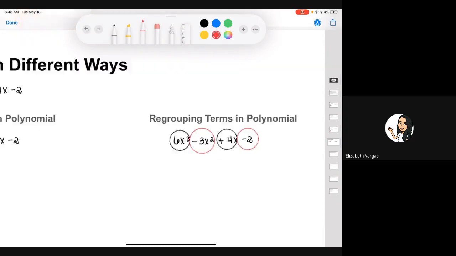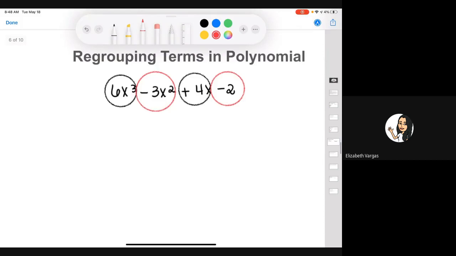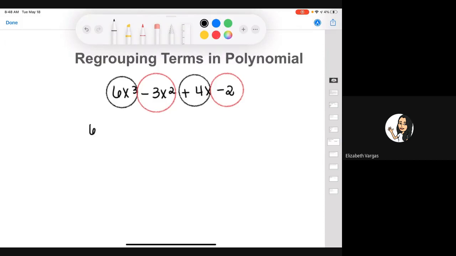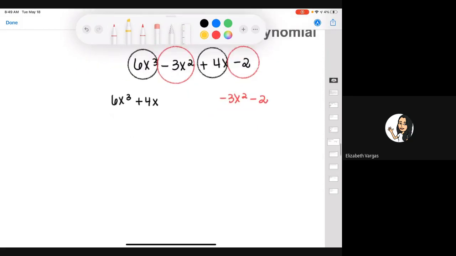So you do have that option to regroup. If I were to regroup using this, basically what this is telling me is that I have this polynomial that I'm going to factor, and then I have this polynomial that I'm trying to factor. Okay, and I can quickly go through this.